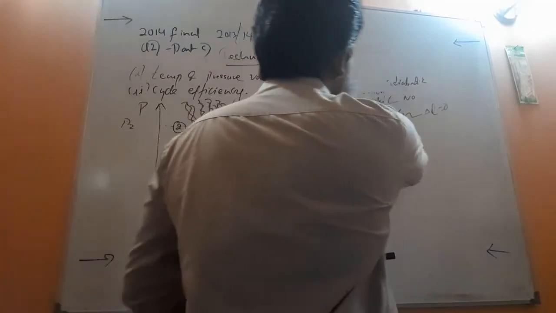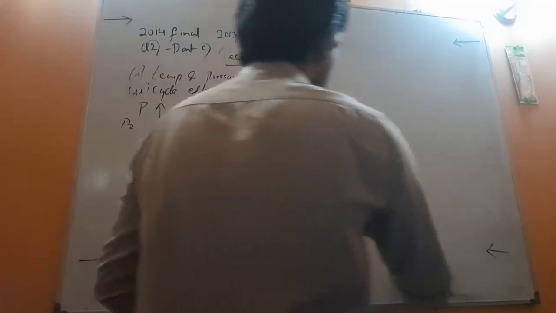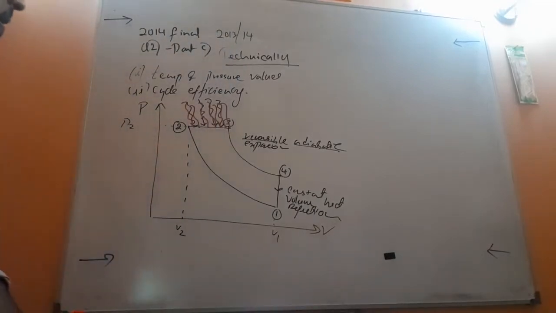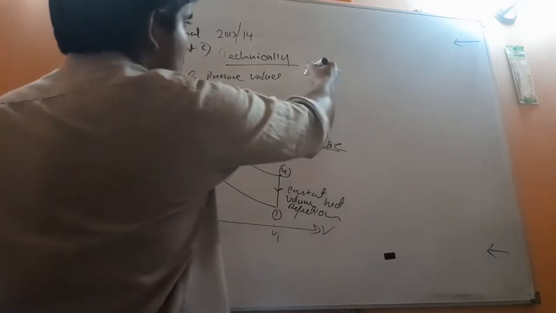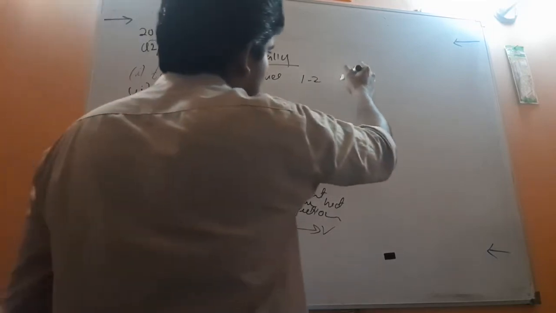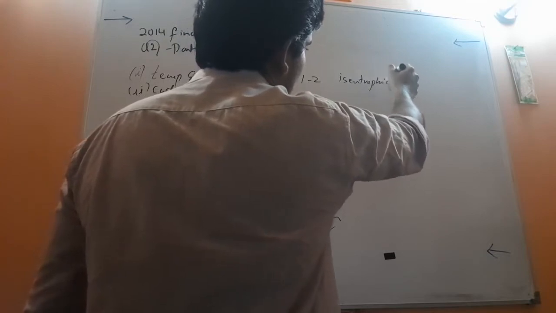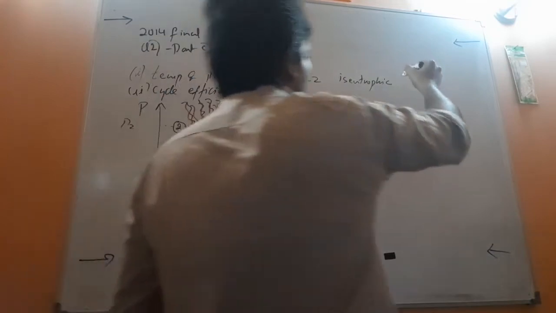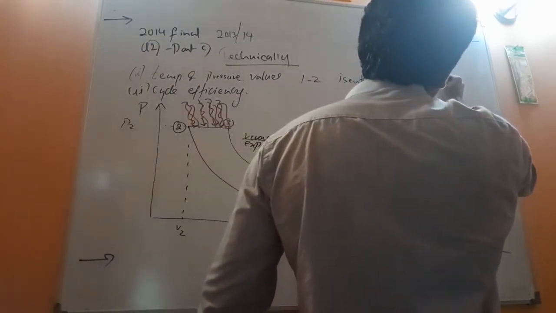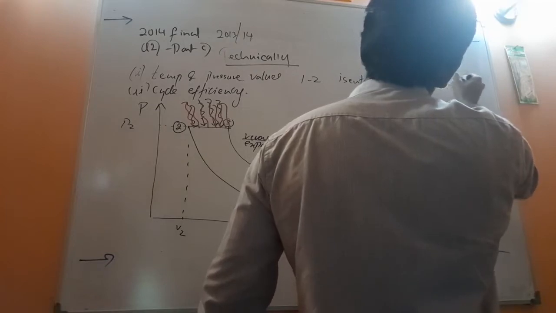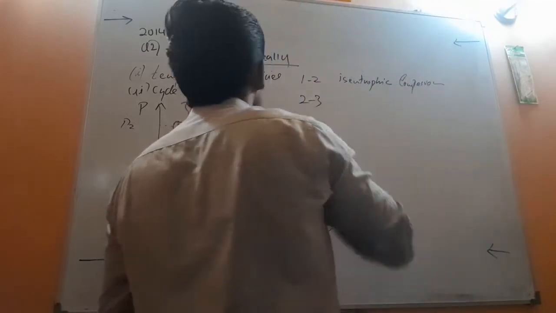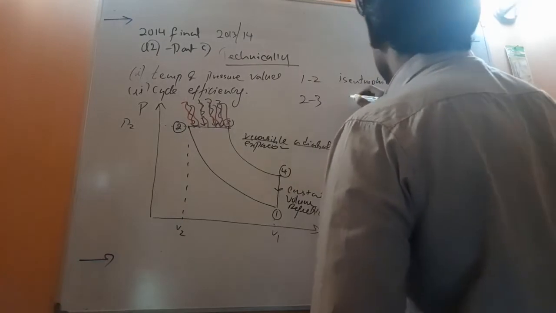Right, so now we can write the processes again. What is 1 to 2? Isentropic compression. Point 2 to 3, constant pressure heat addition.